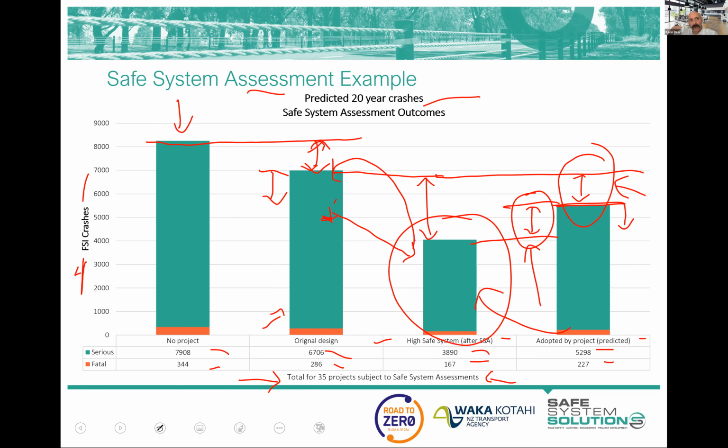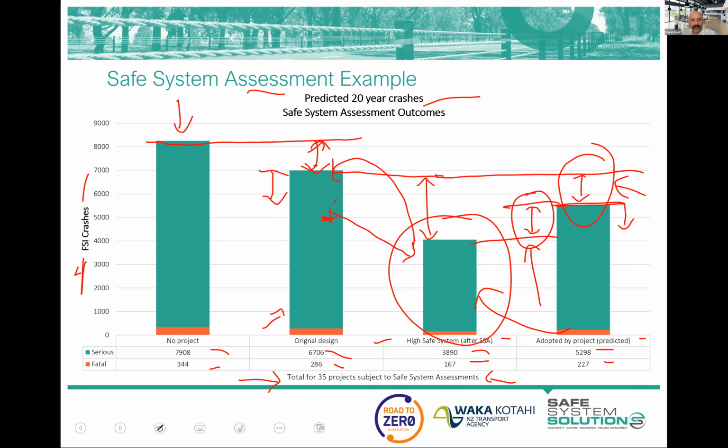So what we need to do as an industry is acknowledge that. Say we don't have the tools in our toolkit to eliminate these types of deaths and serious injury at the moment. So we need to innovate. We need new ways of thinking. We need new practices. We need new inventions.